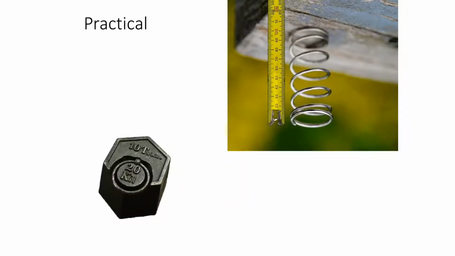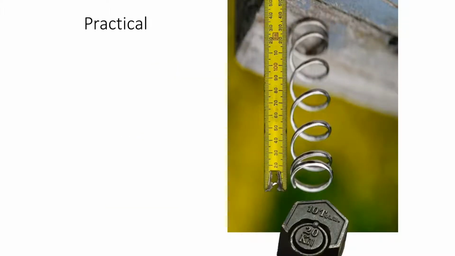So we'd get a ruler or a measuring tape, and we'd measure the original length of the spring. So just here what we can see is that the spring starts at 100 millimetres or 10 centimetres. We add the weight and the spring, unsurprisingly, gets longer.